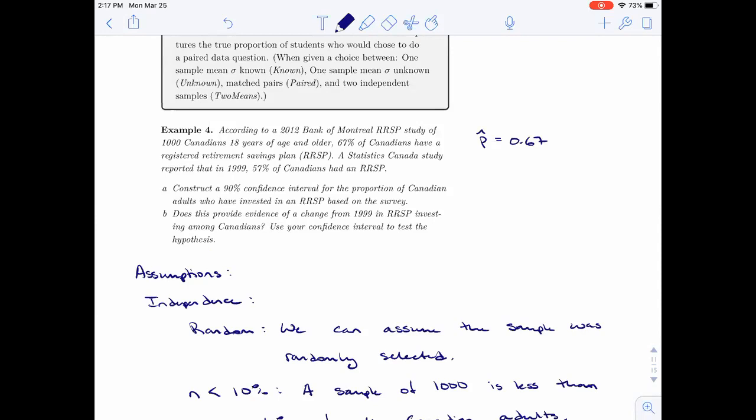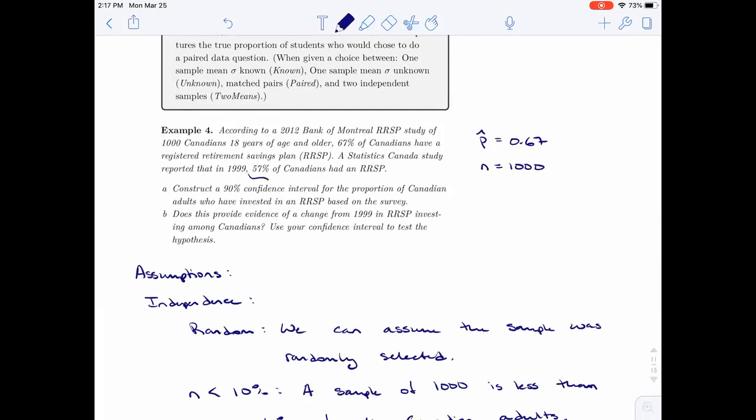Even though these values are often given as percentages, proportions are just the decimal version. When we've got proportions, especially on your formula sheet, we have to convert to proportions to be able to handle it. So p hat is 0.67 and n is 1,000.